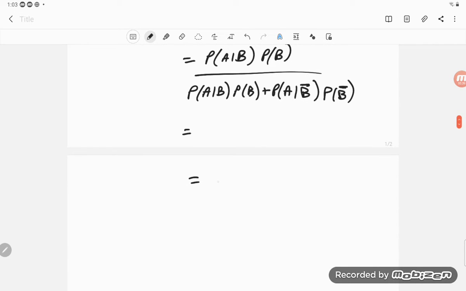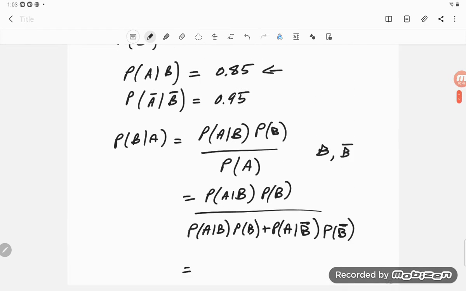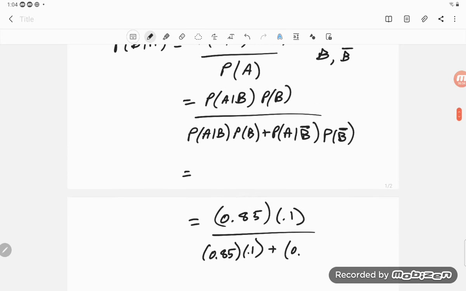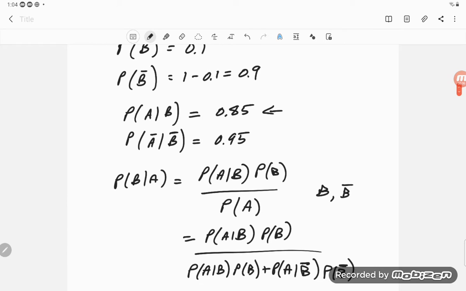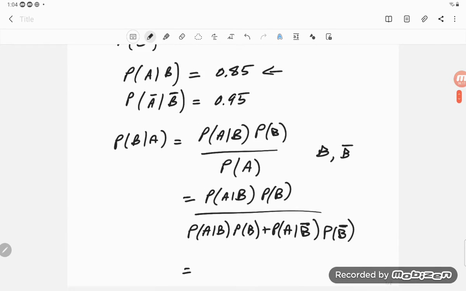So this is equal to the 0.85 times the probability of B, which was 0.1, over 0.85 times 0.1 plus... We have to look that up, because we're given A complement given B complement, but not A given B complement.